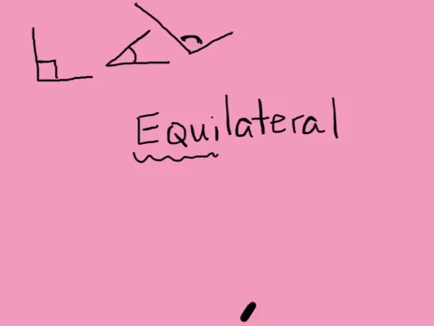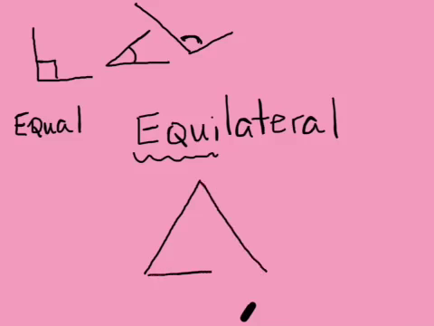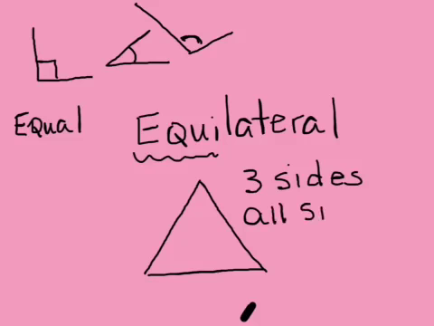Equi, E-Q-U-I, is very similar to equal, and that's what it means. So an equilateral will be a triangle with three equal sides. All sides are equal. That is called an equilateral triangle.